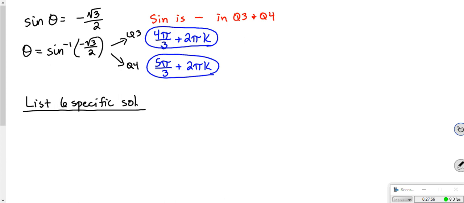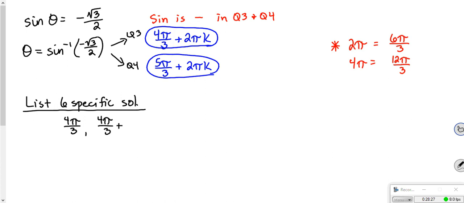Again, I want to point out here that 2 pi equals 6 pi over 3, and 4 pi equals 12 pi over 3. Okay, so our specific solutions are going to be 4 pi over 3, and then we're going to have 4 pi over 3 plus 6 pi over 3.